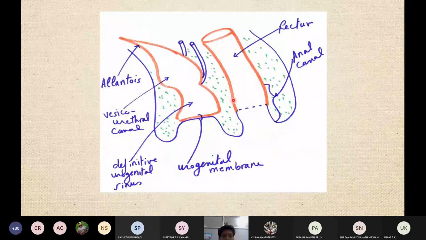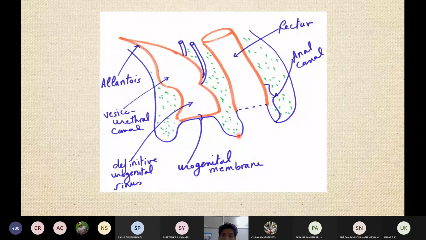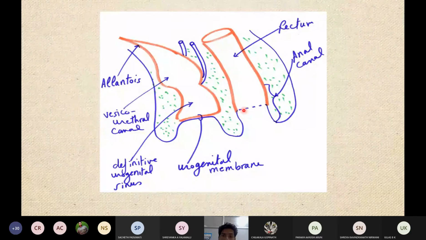Okay, the same thing is further in a next step of developing. The outer anal membrane is now going deeper and forming the complete covering for the anal canal over here, and forms the outer area, and the remaining area is now the anterior area.